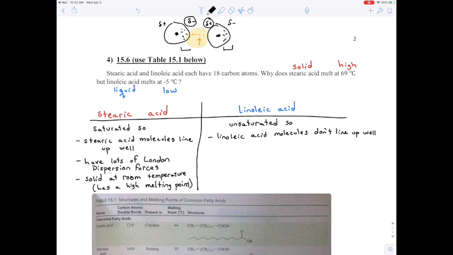The double bonds can't rotate, and so you'll have chinks in the chain where you have, say, a cis double bond, and then the rest of the chain will poke out, and they won't be able to line up very well. If they're not lining up very well, then 2 atoms can't get close like this, and you won't have as many London dispersion forces.